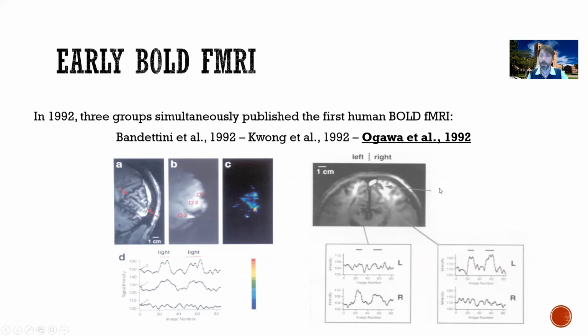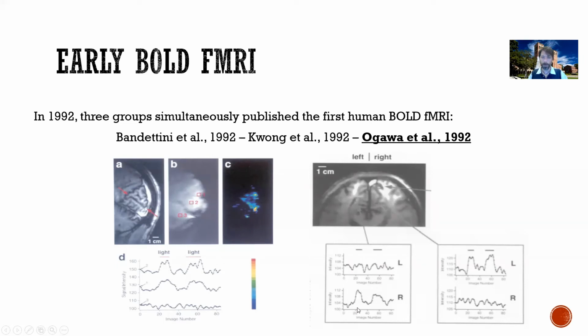So if you look on the right side, what you're seeing is the back of somebody's head. So this is the back, and the nose would be somewhere down here. And also, this is the left hemisphere, and this is the right hemisphere. So let's start by looking at what happens in the left hemisphere.